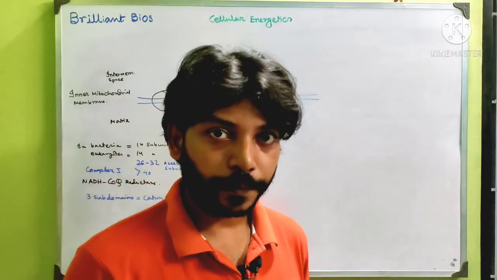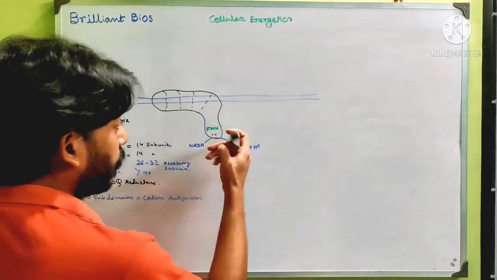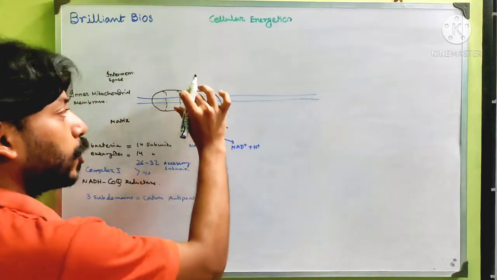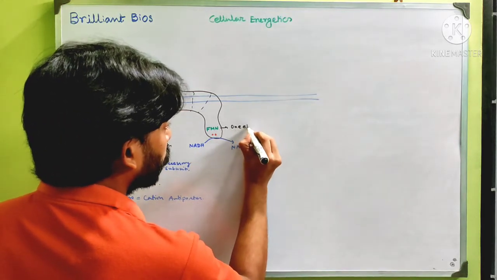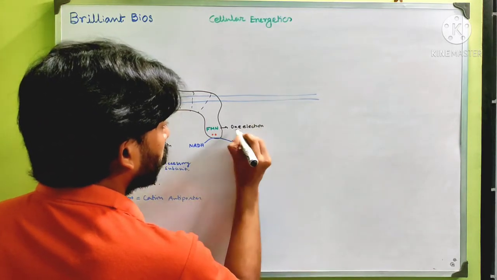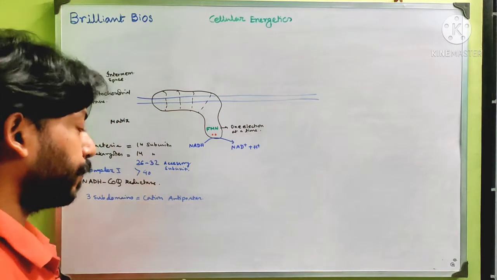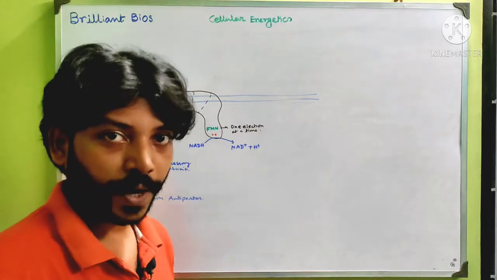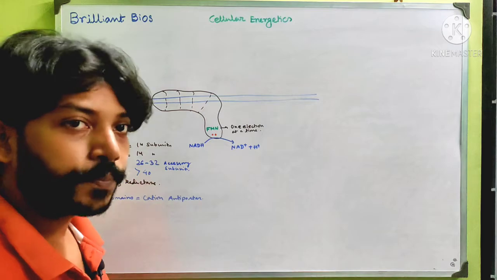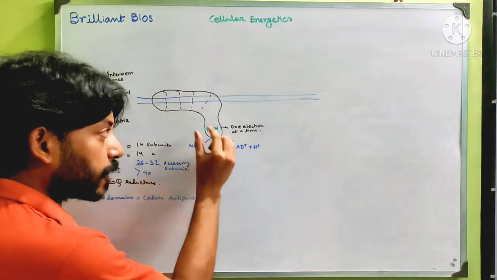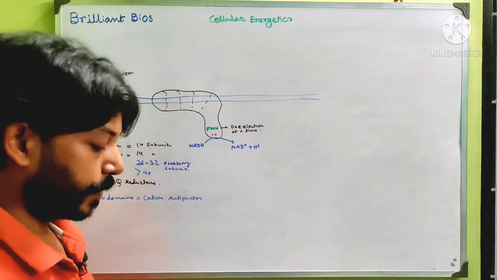Here FMN and all the subsequent prosthetic groups carry one electron at a time. You have to understand this fact. NADH carries 2 high energy electrons and releases them in complex 1, and the first acceptor of these electrons is FMN, but it can carry 1 electron at a time.